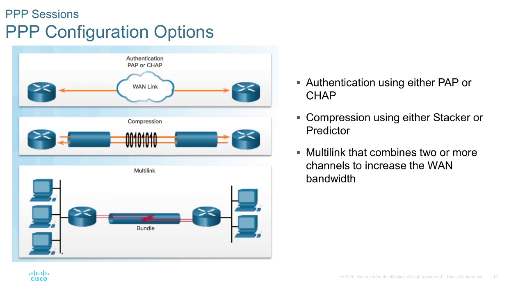One of the other things that can be advantageous when we want to increase the WAN bandwidth is that we may double up on the links and combine those multiple links into a single bundle. These multilink bundles can also be configured when we are configuring PPP.